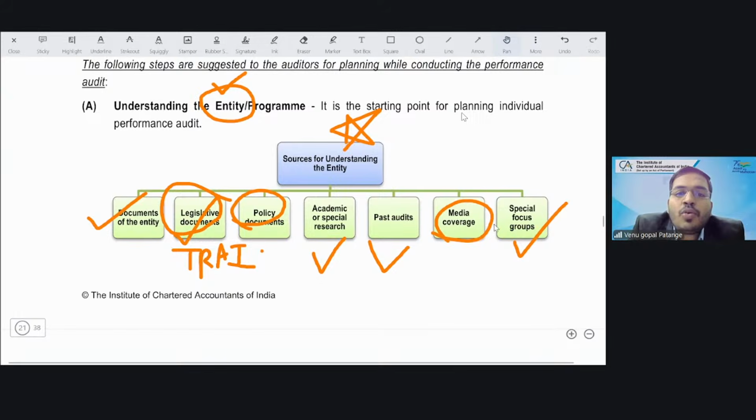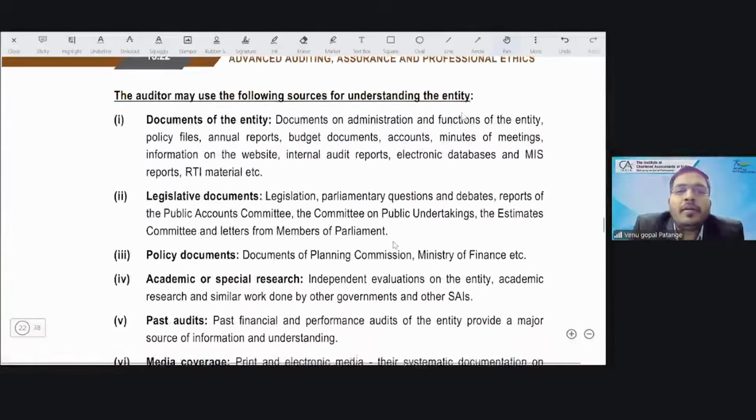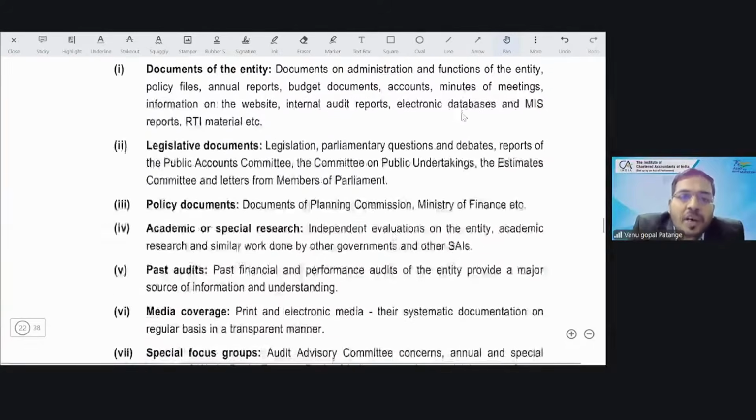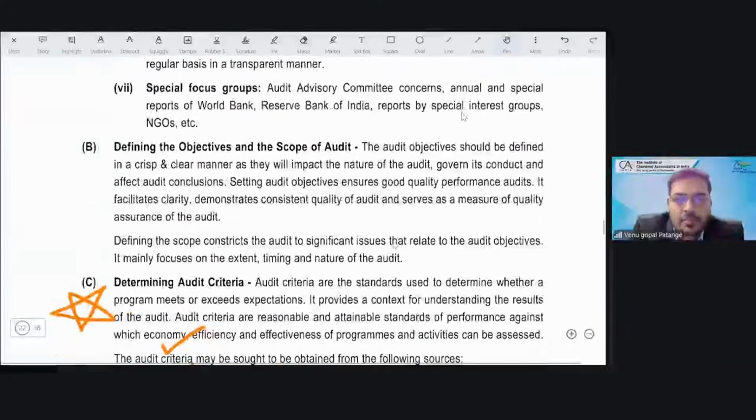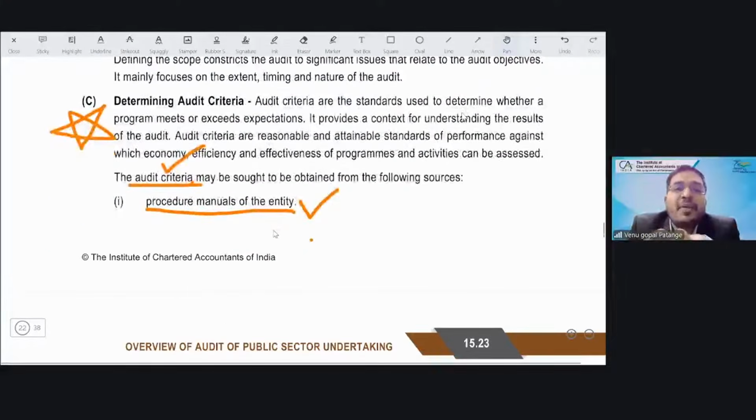Yeah, you need to collect all these documents. Then what it comprises of, again, they gave details. And anyways, objectives I told you. So audit criteria, spare some time here.